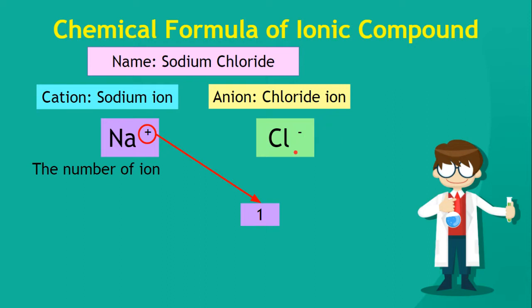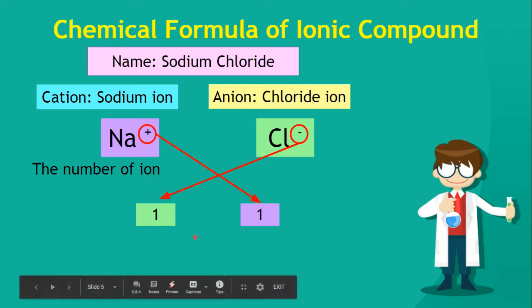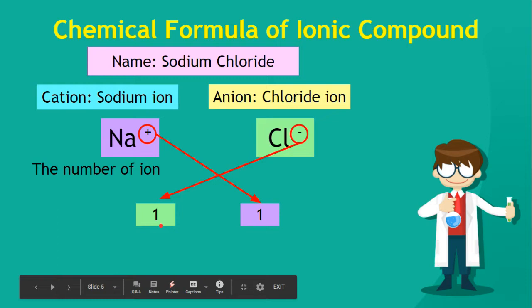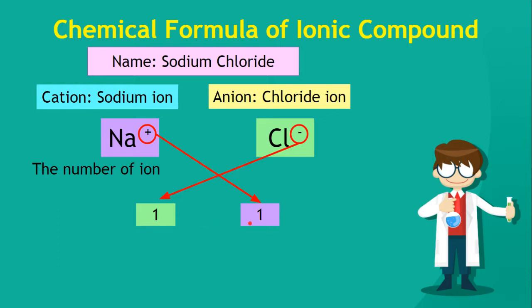Then you look at the chloride ion, negative 1, so you put the number 1 under the sodium ion. This is the ratio of sodium ion to chloride ion. One sodium ion must combine with one chloride ion to form sodium chloride.